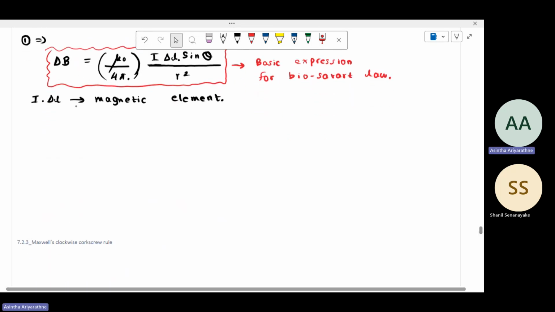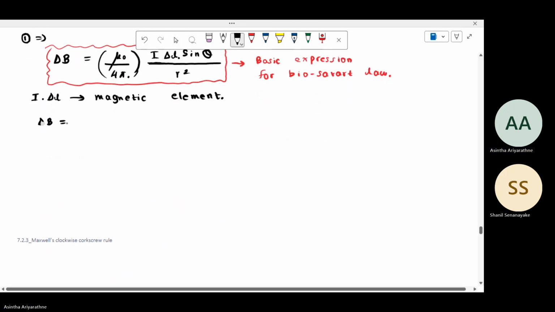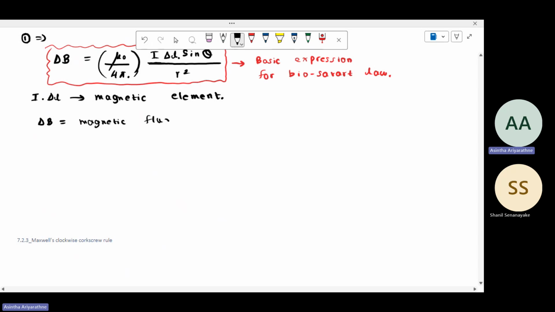So delta B is the small magnetic flux density, the magnetic flux density due to delta L length.